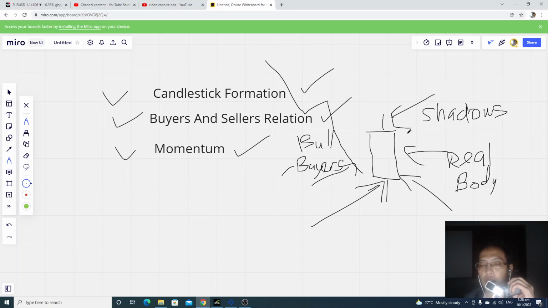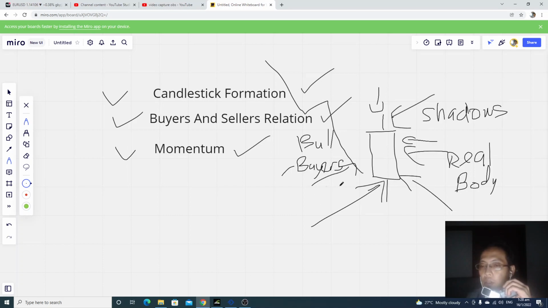If price was moving down, is this a pullback, or is this a reversal? There are a lot of conflicting theories. It all depends on the price action, based on the story.